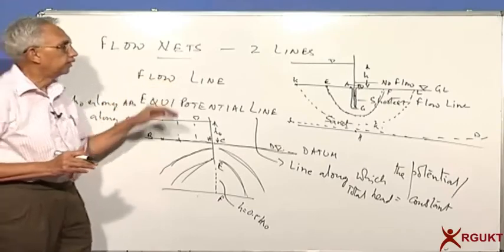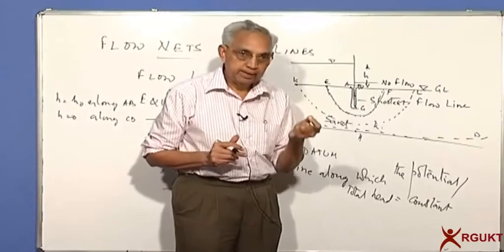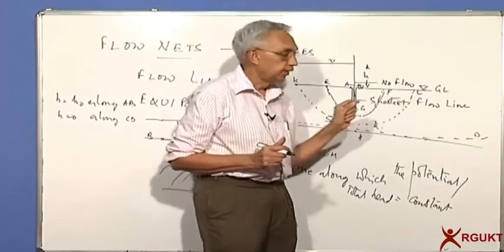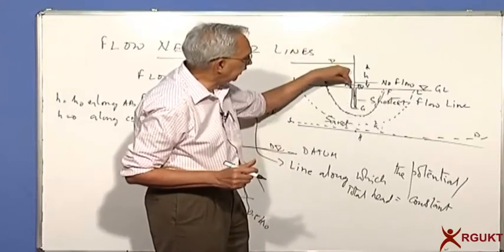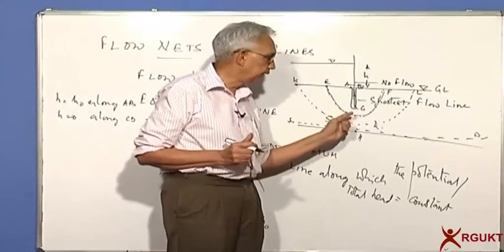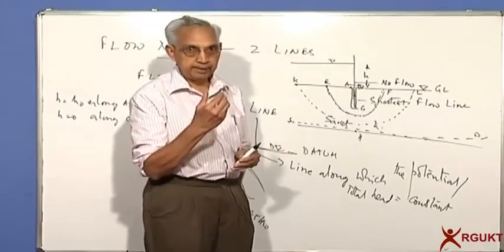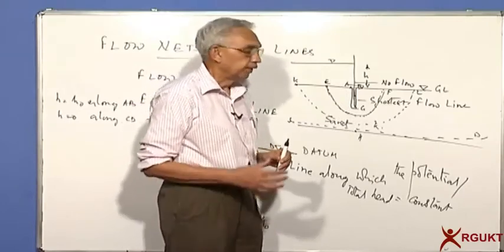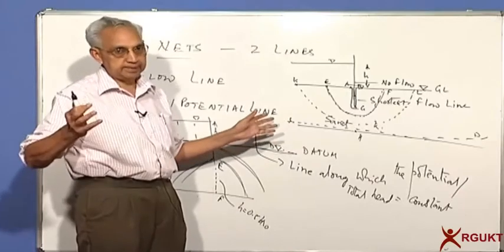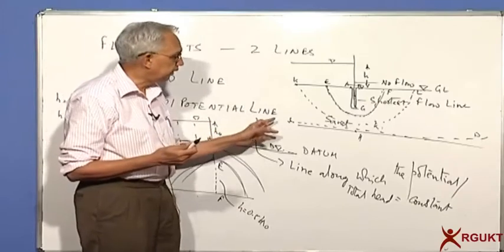A flow line is the path taken by a molecule of water while it traverses from the upstream side to the downstream side. The shortest path is just starting to the left of the sheet pile and goes down along the sheet pile, goes round the sheet pile, and goes up along the sheet pile back to the downstream side. The longest flow line starts at infinity, or let's say for us infinity could be 1 kilometer or maybe 500 meters.